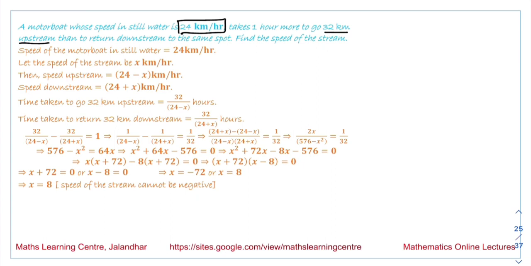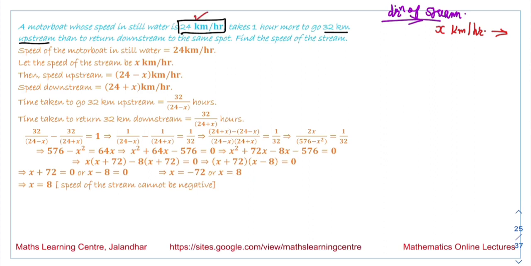Suppose this is the direction of the stream we are talking about, and let the speed of the stream be x kilometer per hour in this direction. The speed of the motorboat is this.